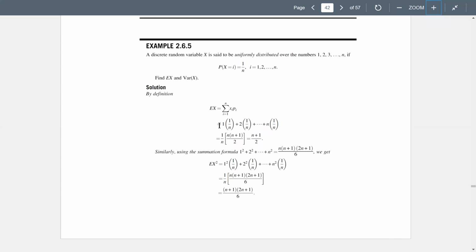Probability 1 over n. And because it's uniformly distributed, if you draw plot its figure, it will be bars of the same height, 0, 1, 2, 3, 4, 5, and so forth. And the height is 1 over n, and the value is 1, 2, 3, 4 to n.